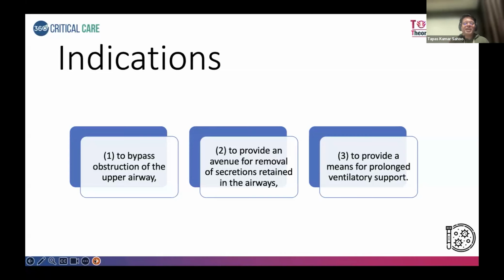Second, to provide an avenue for removal of secretions retained in the airways, for neuromuscular weaknesses, or when you think that the airway protection is not good. So that would also be one of the indications. And the third and most important from the critical care perspective is to provide means for prolonged ventilatory support, where you expect that by doing tracheostomy, you will do better for the patient's recovery.